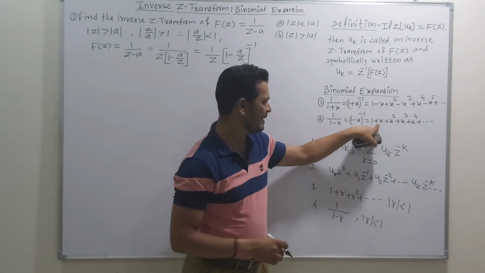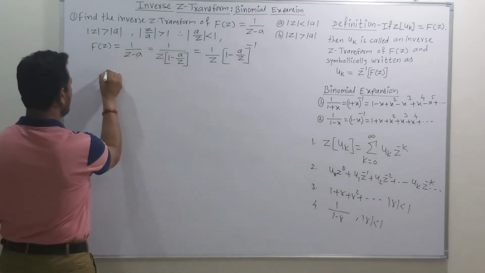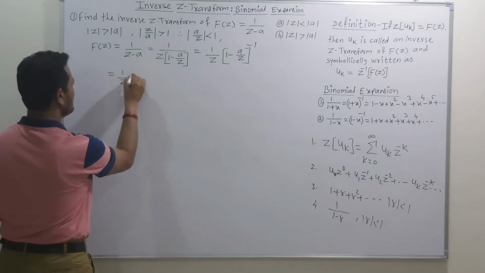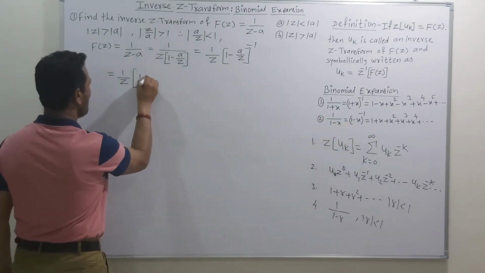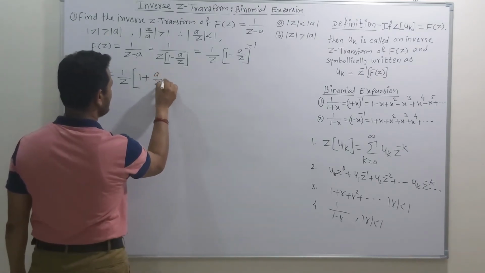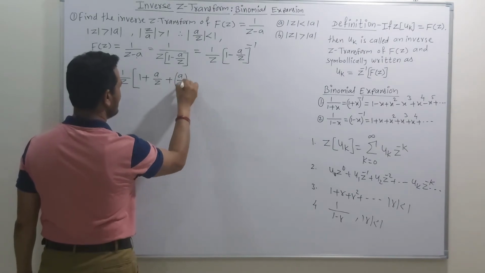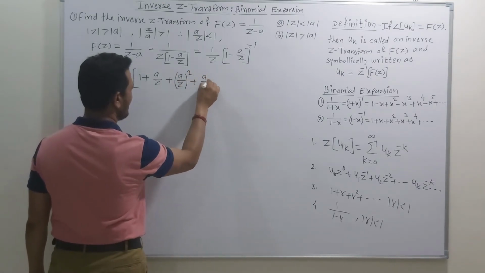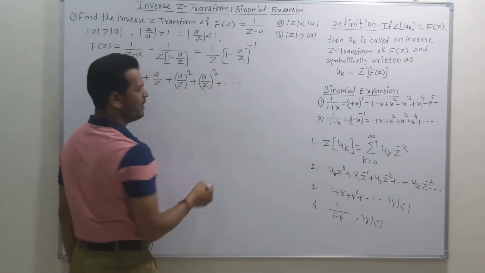According to the formula 1 plus x plus x square and so on, we can expand this bracket as 1 upon z as it is, times 1 plus a upon z plus a upon z squared plus a upon z cubed plus and so on.